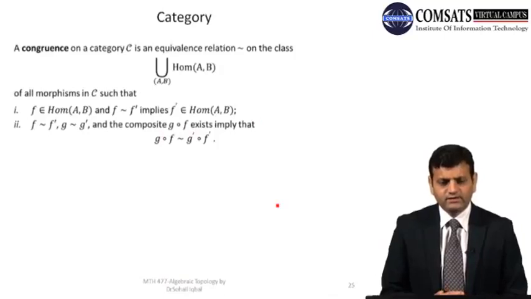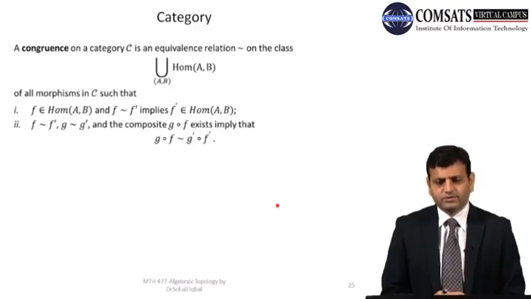A congruence on a category C is an equivalence relation on the class of all morphisms in C such that the following conditions are satisfied. So what is an equivalence relation? We have already discussed this in our first lecture. Now we are taking an equivalence relation on the class of all morphisms.